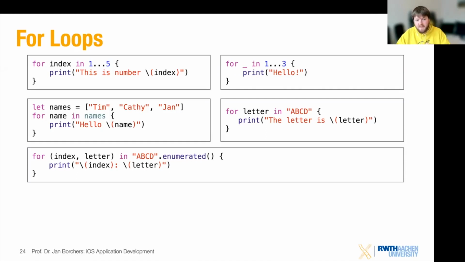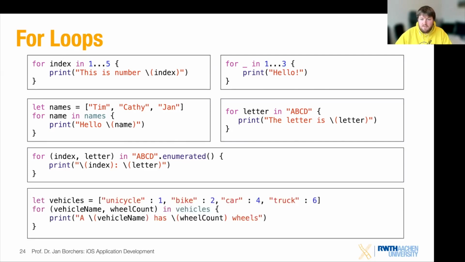So having the string ABCD and enumerated gives me an enumerated array of these different letters. So now if I'm iterating over that, I can print out the index where the letter is taking place and the letter at that position. So this will print out 1A, 2B, 3C, and so on.